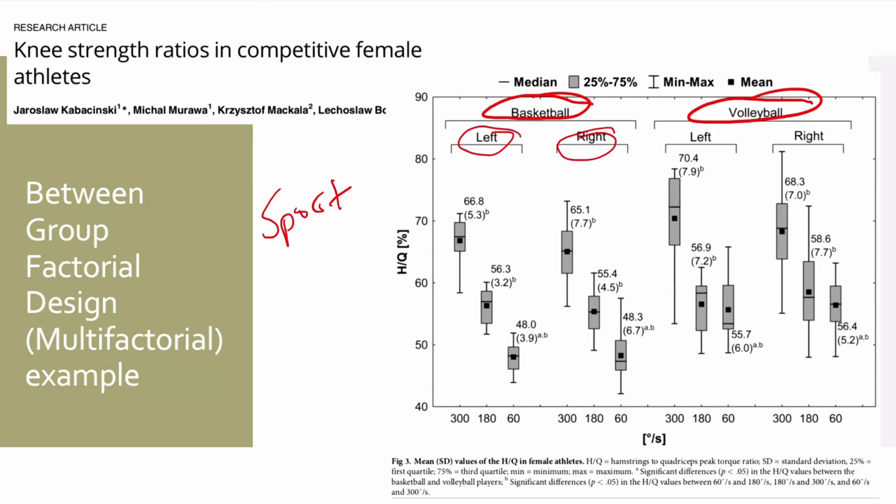They measured the strength of their hamstrings and the strength of their quads and computed a hamstring quad ratio. So our dependent measure is hamstring quad ratio, which is a percentage that tells us what percent of force they can produce with the hamstrings compared to the quads, because the hamstrings are typically a little bit weaker than the quads.